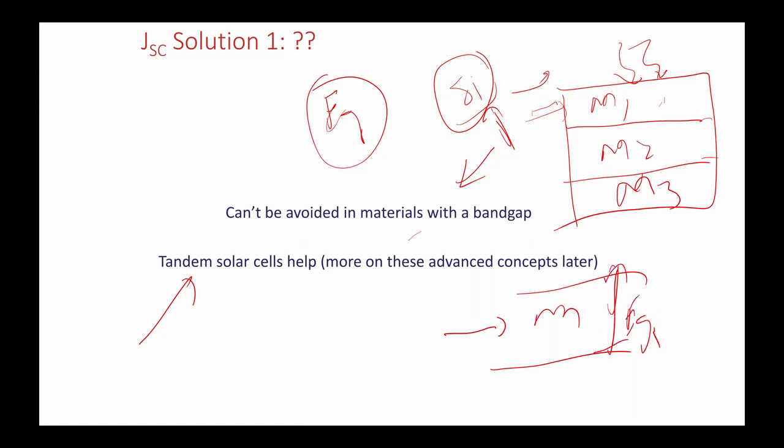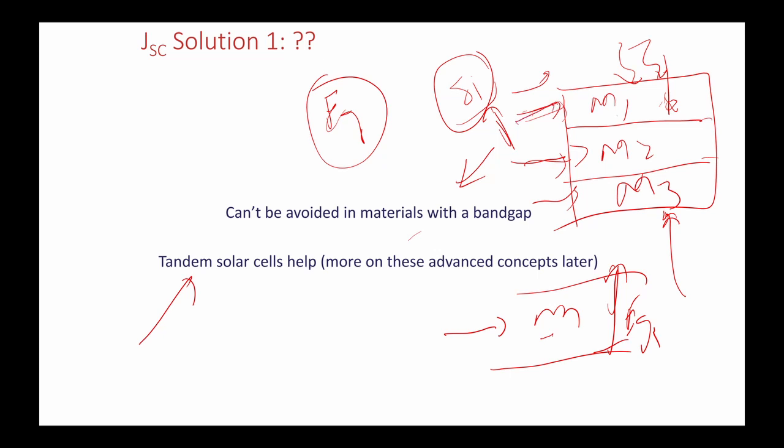If the energy of light is less than Eg1, that will pass through and will be absorbed by M2 and M3. So the stack should be such that M3 has the least band gap, then M2, and M1 has the highest band gap. The most energetic light should be absorbed by M1.